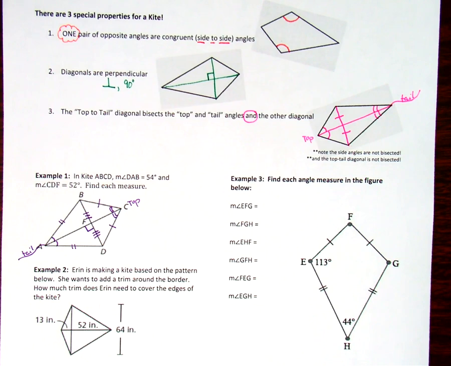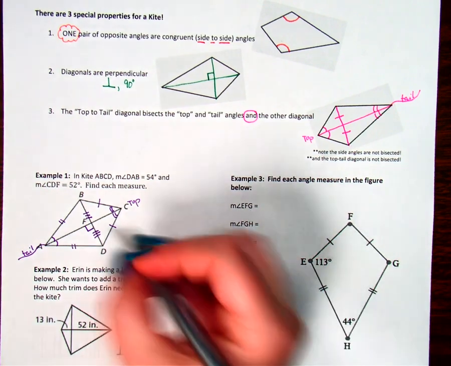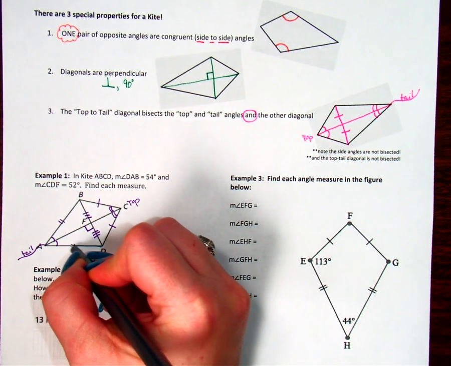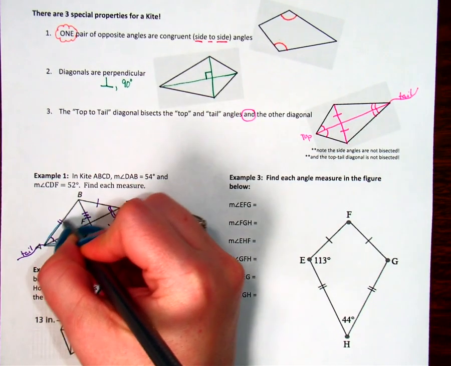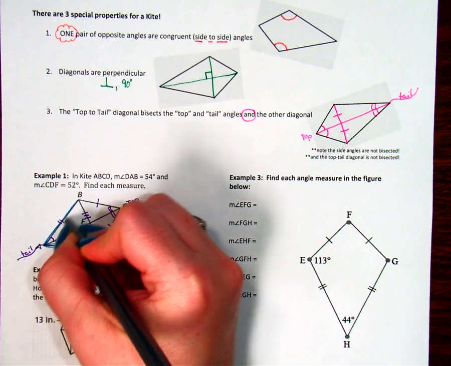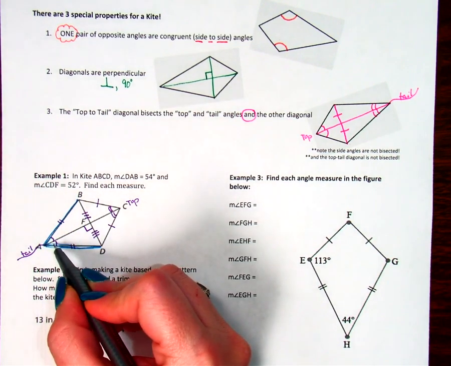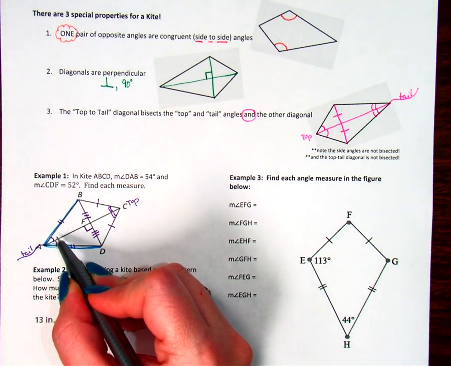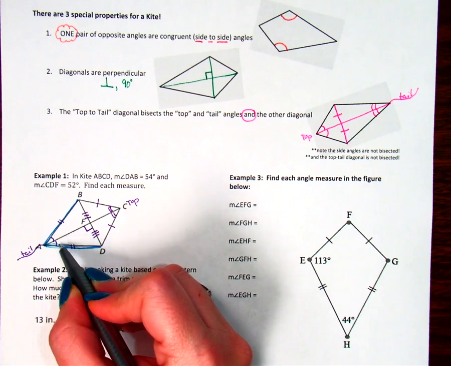So now let's look at the information they gave us. The measure of angle DAB. That is that whole angle down there at the bottom. Okay, that whole angle is 54 degrees. So think about what each side would be if it's been bisected, right?